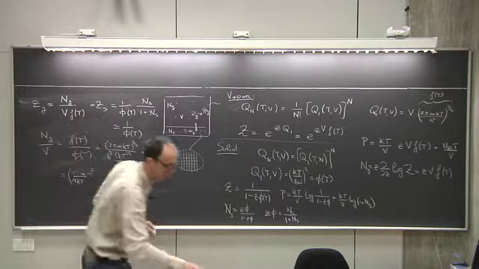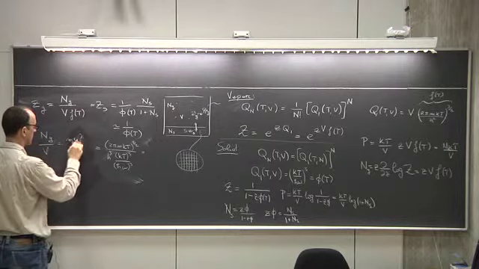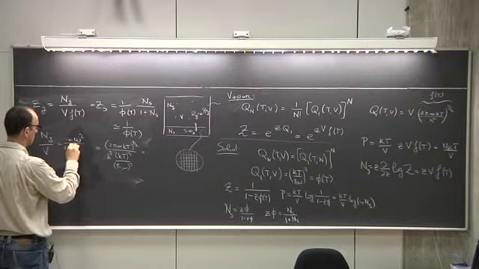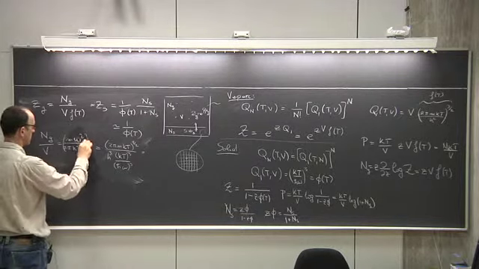So the final result should be that this is equal to m omega squared divided by 2 pi kT, to the power 3/2.